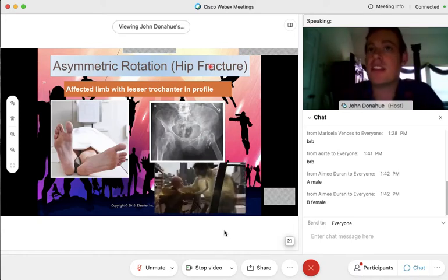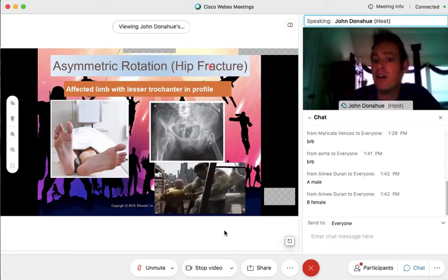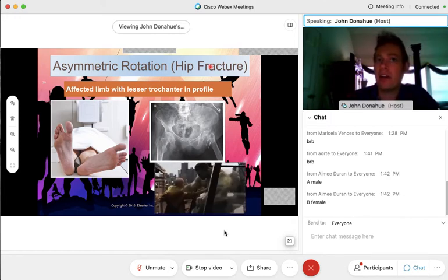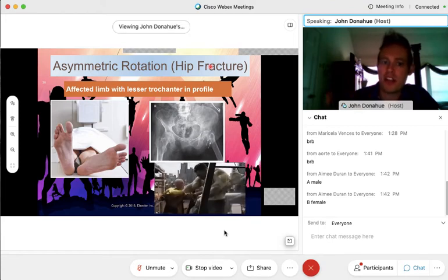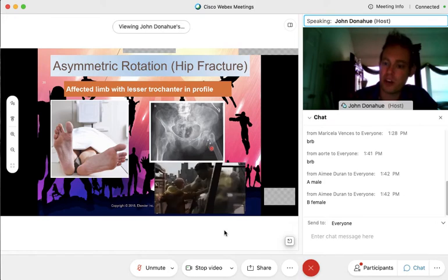And then, depending on what we need to see, if there is a really bad hip fracture, we may do what's called an asymmetric rotation, or if we want a lateral view of that femur or hip, we'll actually bring that foot completely lateral as possible. It's going to put the proximal femur into a lateral position and allow us to check for dislocation or certain fractures at the femoral neck, which you see right here.